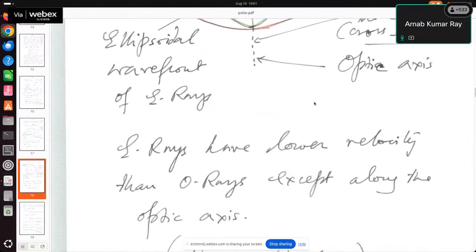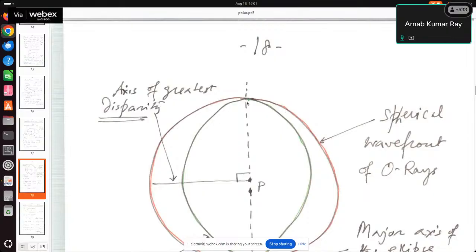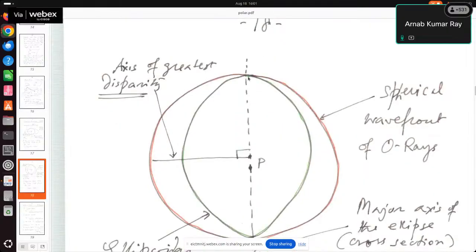You are to define it not along the direction where both have the same values. It's always the velocity of the extraordinary rays that will be chosen to define the refractive index, along the direction of the maximum disparity, or the axis of the maximum disparity. For negative crystals, it will be this velocity, the minimum velocity. At other points on this wavefront, the velocity will have higher values.